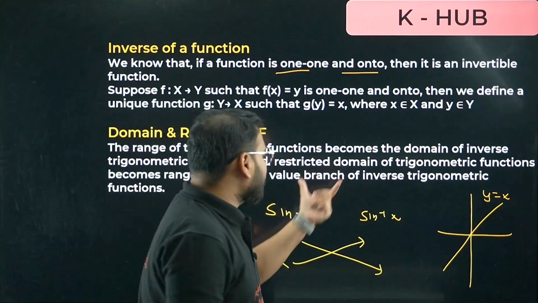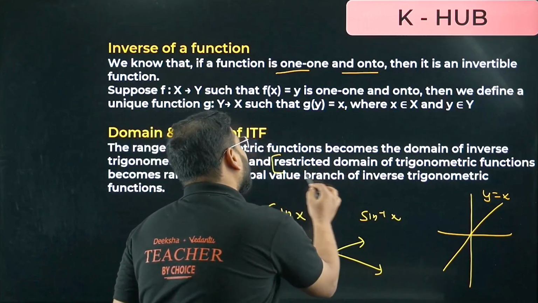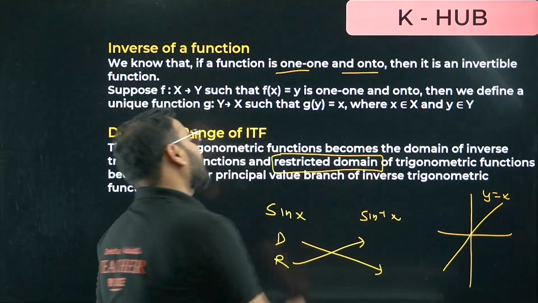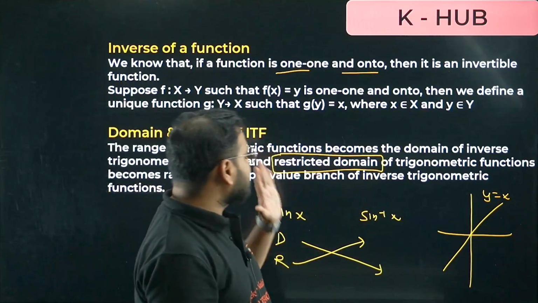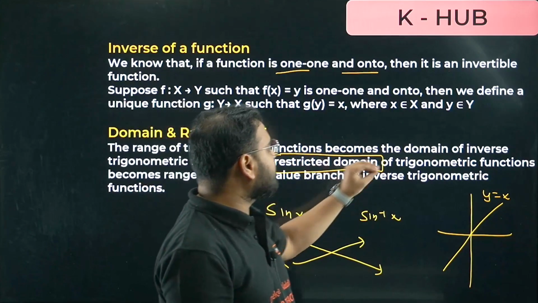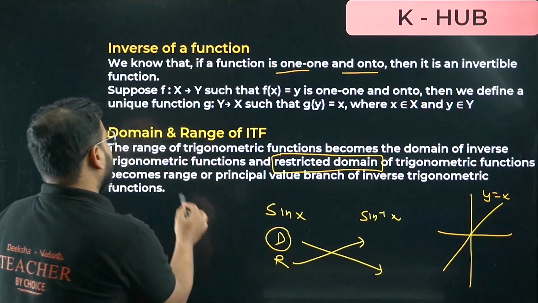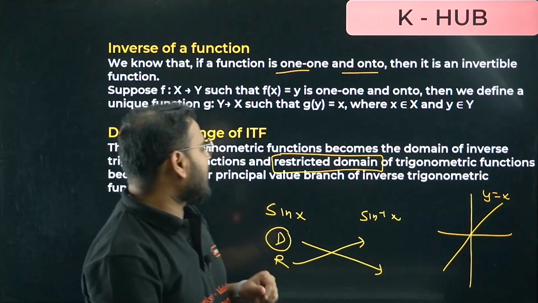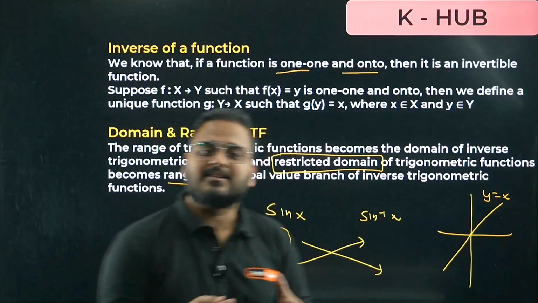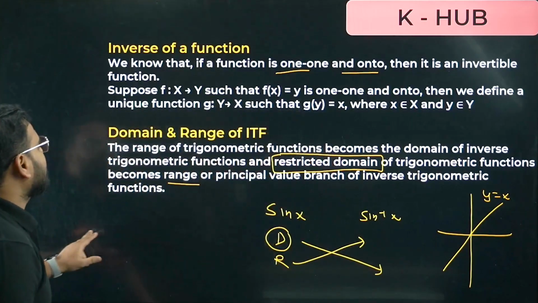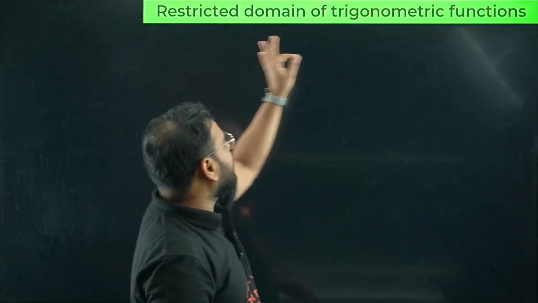And the restricted domain, very important word, sir, restricted domain, bacha. We'll talk about this in detail, don't worry, but right now let's just read this as it is. The restricted domain of the trigonometric function becomes the range of the principal value branch of the inverse trigonometric function. Is that clear? Sir, doesn't make sense. Don't worry, I'll explain it to you over here. Restricted domain of the trigonometric function.